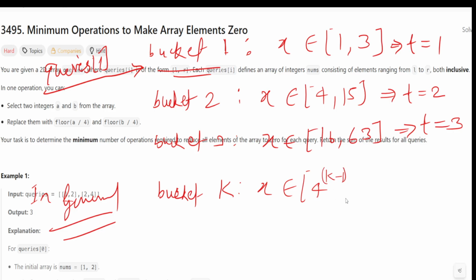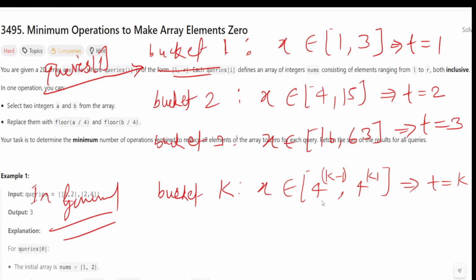What will be the upper bound? The upper bound will be 4 to the power k minus 1. In this way t is equal to k. I hope you understand.